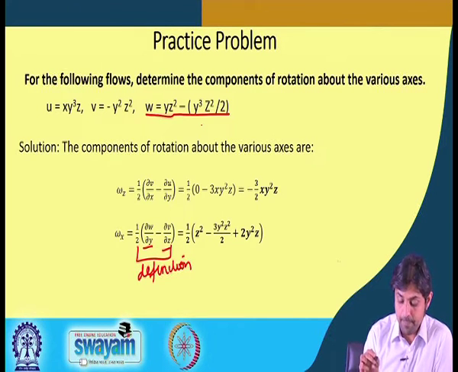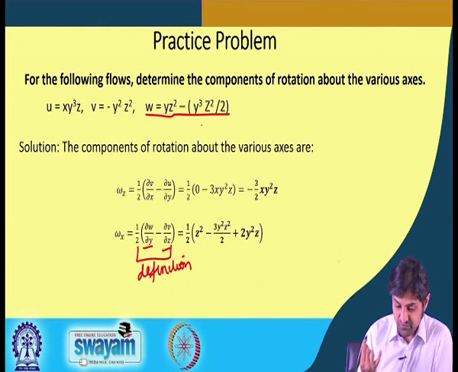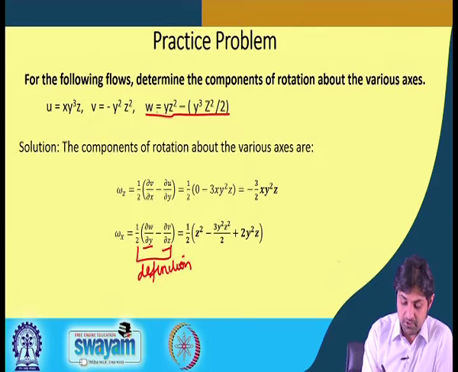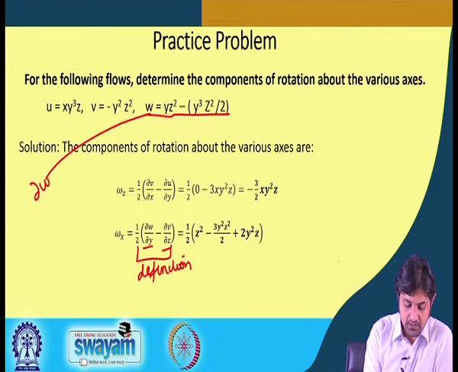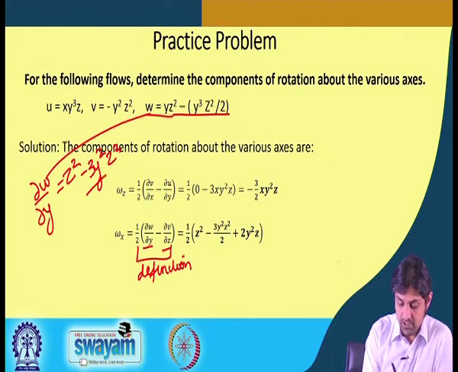So del w del y can be written as z square minus 3 y square z square by 2, and this is here.